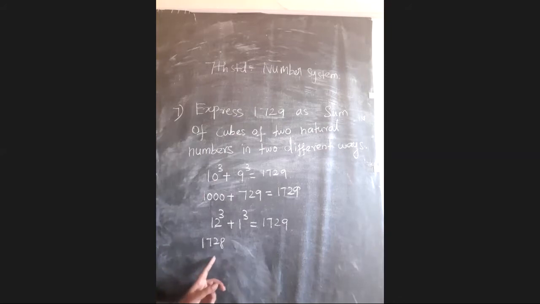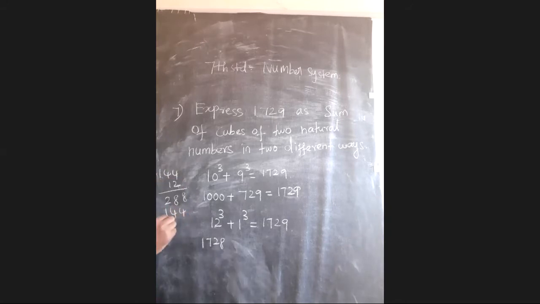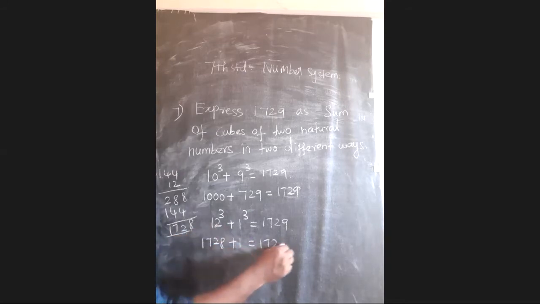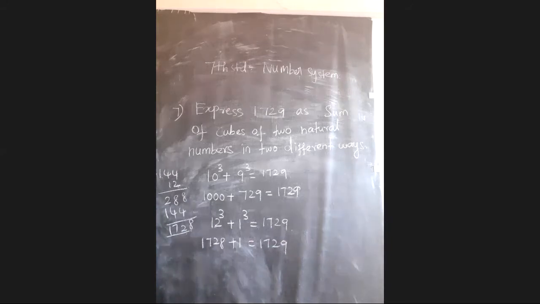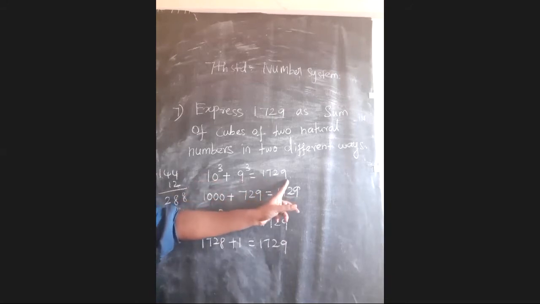How do you get 1728? 12 12s are 144. 144 into 12. 4 2s are 8, 4 4s 16, 1 carried, 8 2s 16 plus 1 is 17. 1728. So 1728 plus 1 is equal to 1729. Okay. So we can say very clearly 10 cube plus 9 cube is equal to 1729.